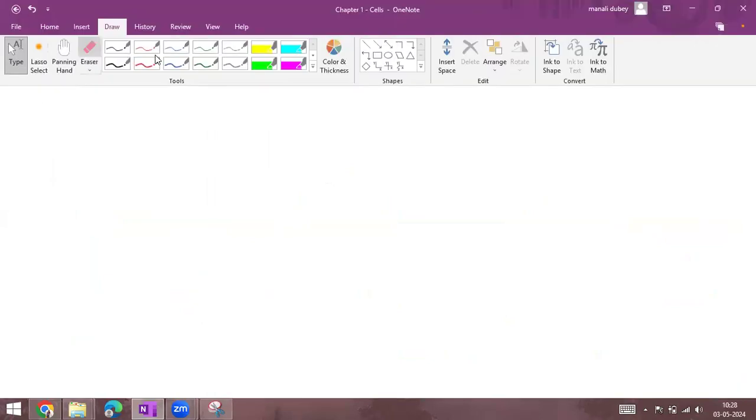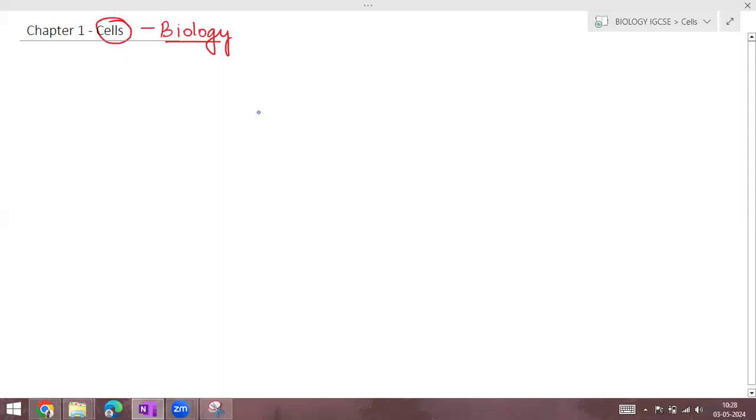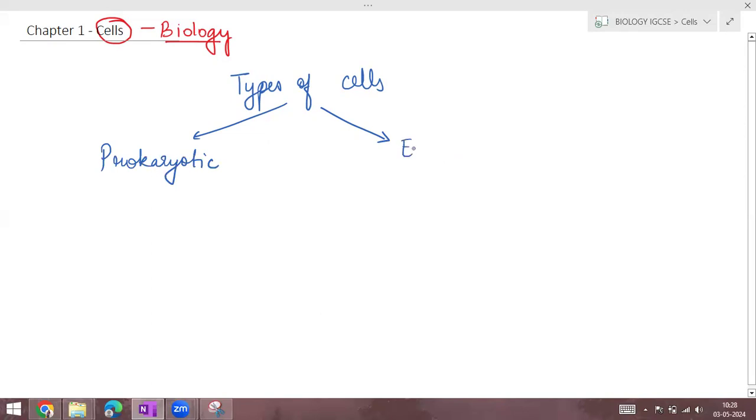Here, a very interesting topic that we'll be coming across is the types of cells. There are majorly two types of cells that we are going to study in our IGCSEs: the prokaryotic cell and the eukaryotic cell. Before understanding prokaryotic and eukaryotic, I would like to tell you that whenever we talk about biology, we study it in terms of root words.